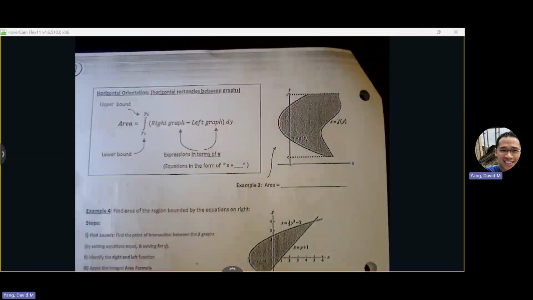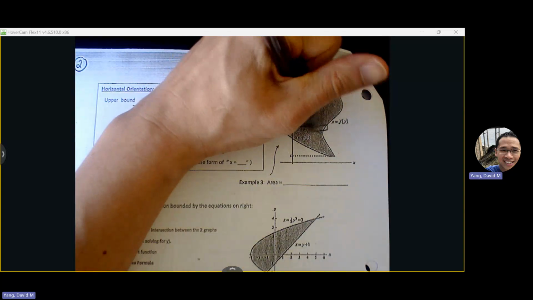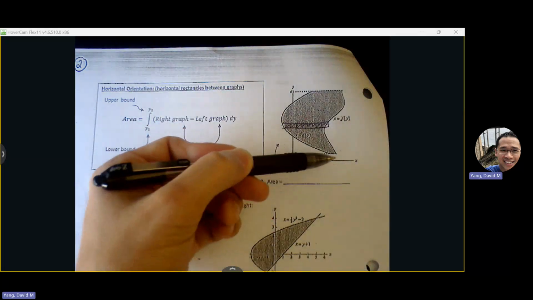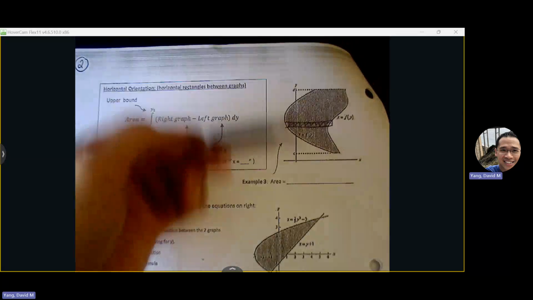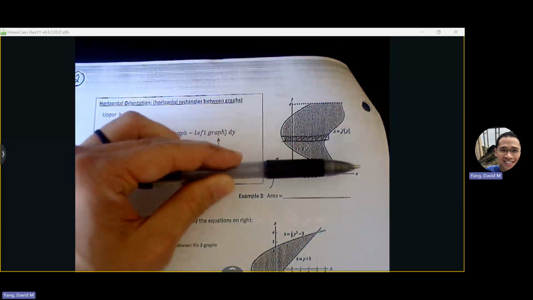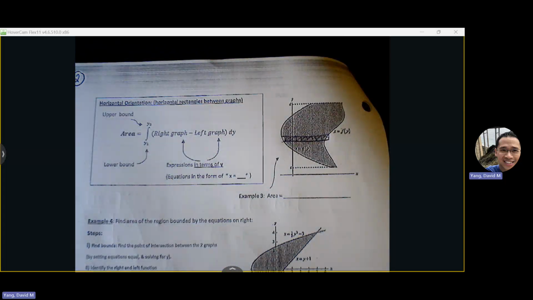Now, if I have a right minus left, then I'm also doing rectangles, but my rectangles are going to be stacked horizontally. So I'm going to stack the horizontal rectangles from the lowest y value to the highest y value. So everything is just kind of opposite with the way that we're thinking here. But we can still find the area. We're just stacking our rectangles differently than our normal vertical rectangles from left to right.